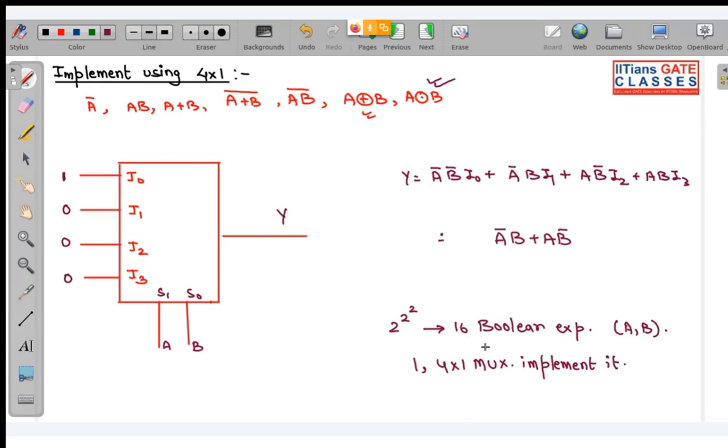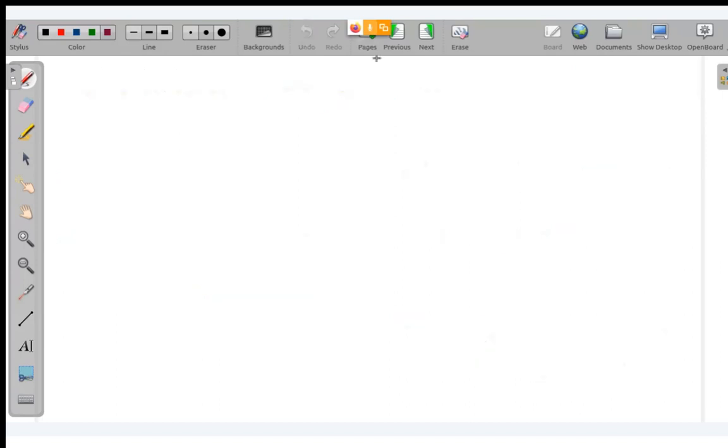If this is clear, let me tell you one more thing. Suppose I have three variables A, B, C. How many functions do I have? 2 to the power 2 to the power 3, that is 2 to the power 8, so that is 256.